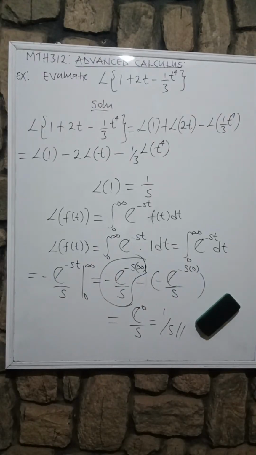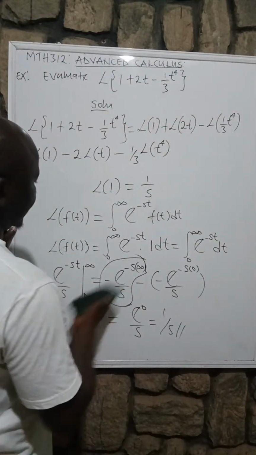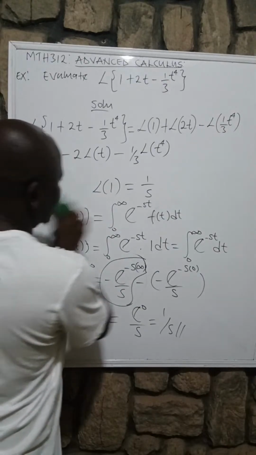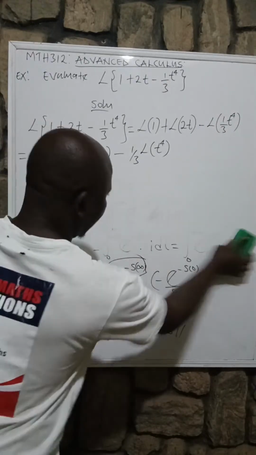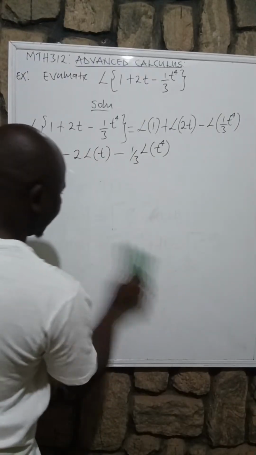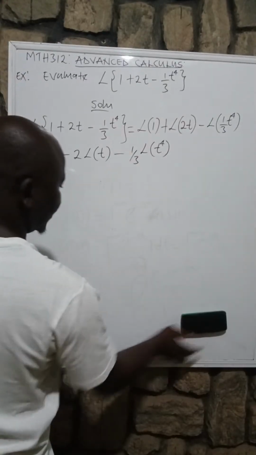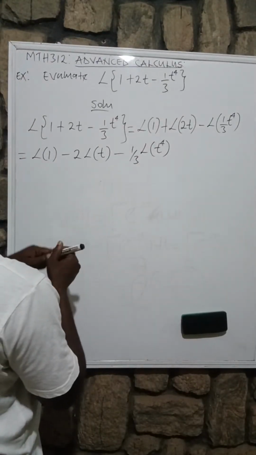Okay. As simple as ABC. So let's clean this. At least I've shown you how it works. So all these ones, you are going to do it in your rough work. After doing it, this is just substitution.